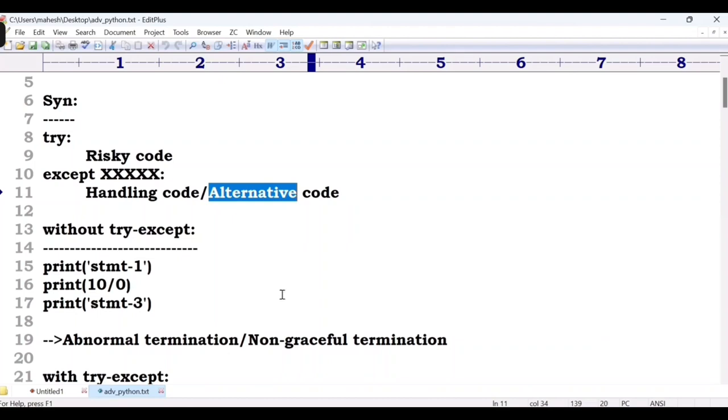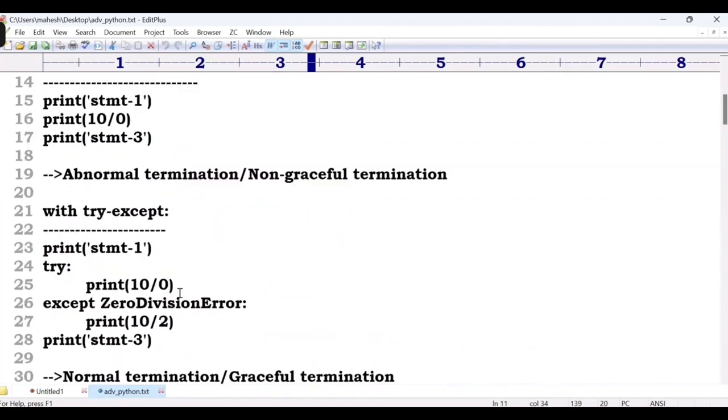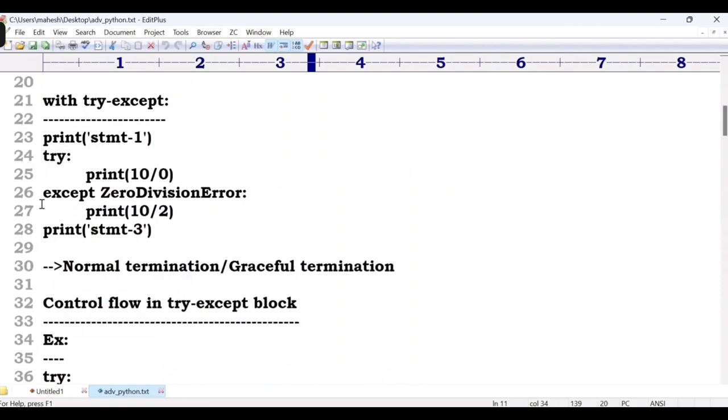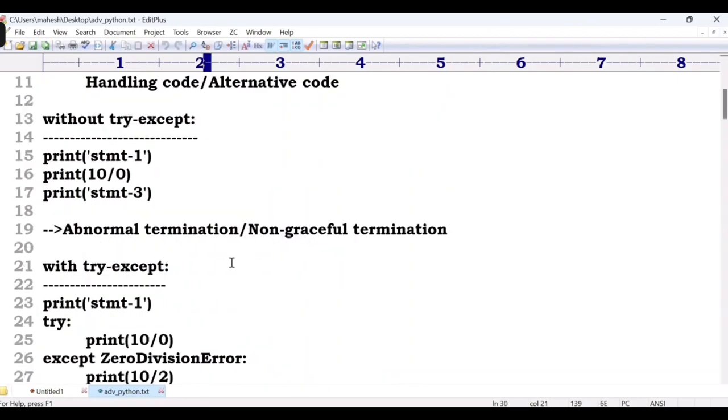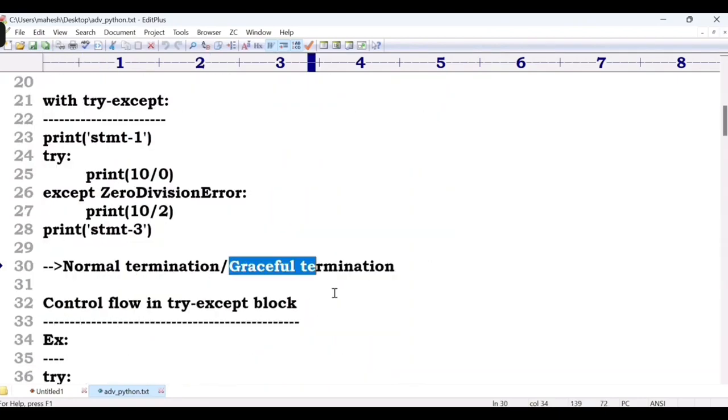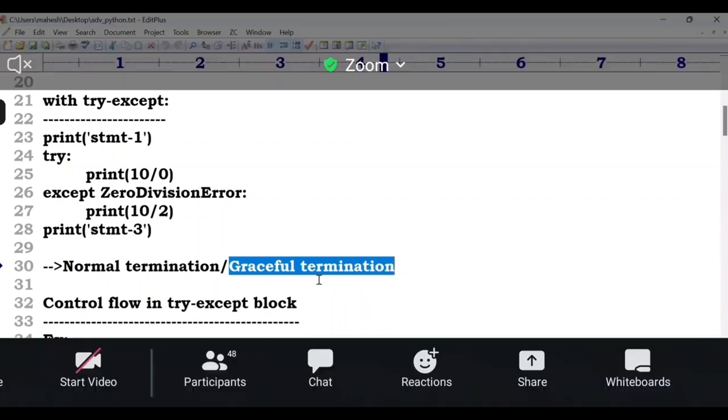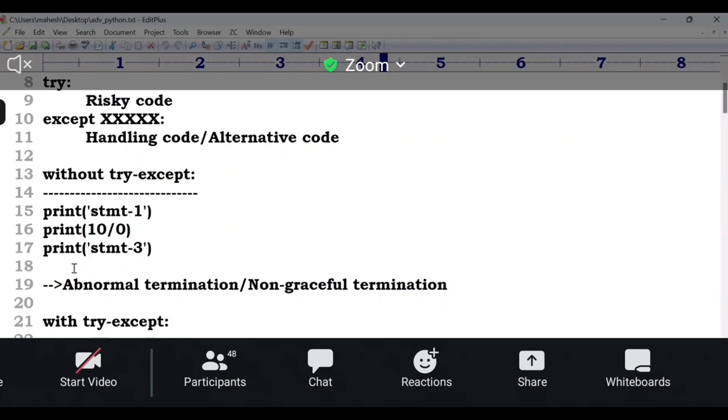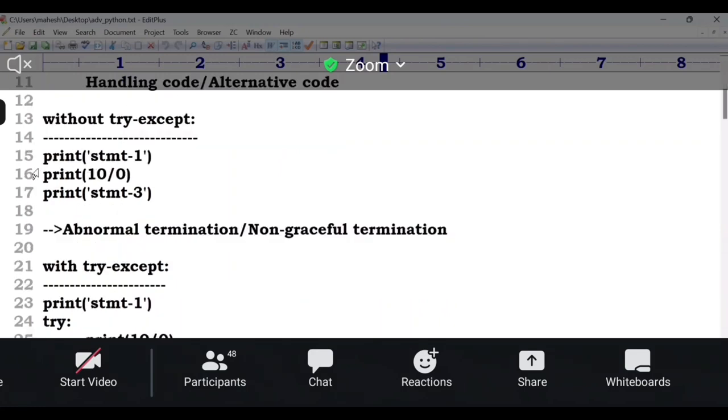Because in a program, there are three types of terminations. One is normal termination, second is abnormal termination, third is graceful termination. Normal termination means the program is started, executed, and I'm getting the output. That is called normal termination.